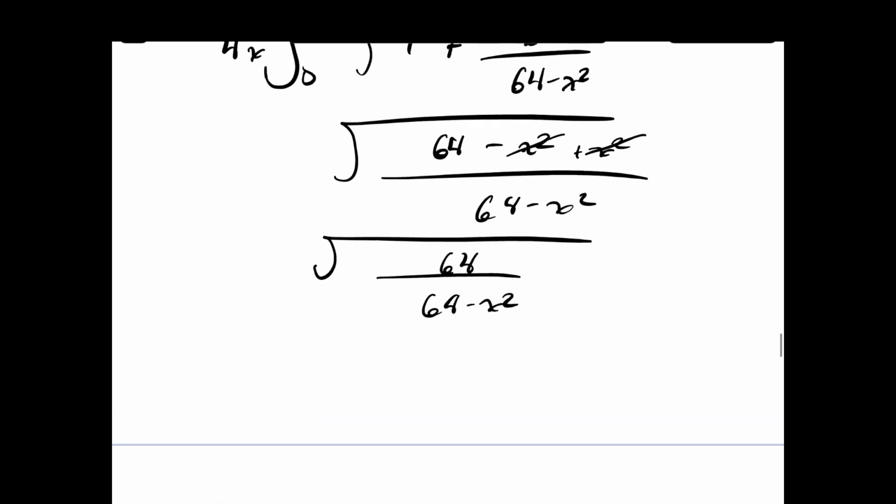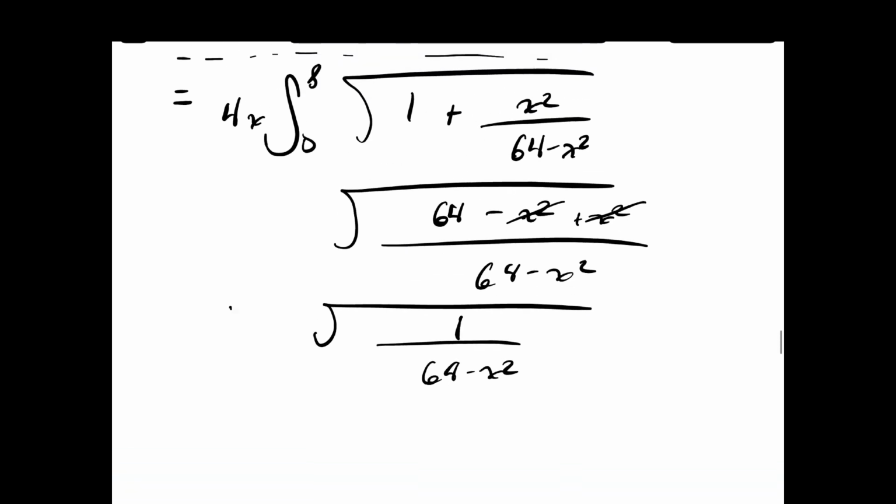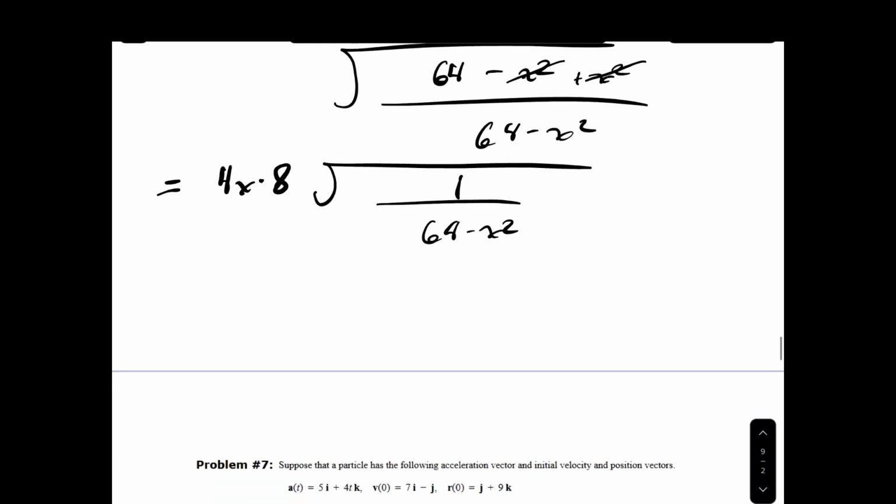Then you could take the 8 out, for sure. Oh, but that's what he did. Oh my god, I'm stupid. Okay, so he left 1 here, then he had 4x times 8, because you brought the 64 out. Okay, so then you get 32x, and then he represents his integral.